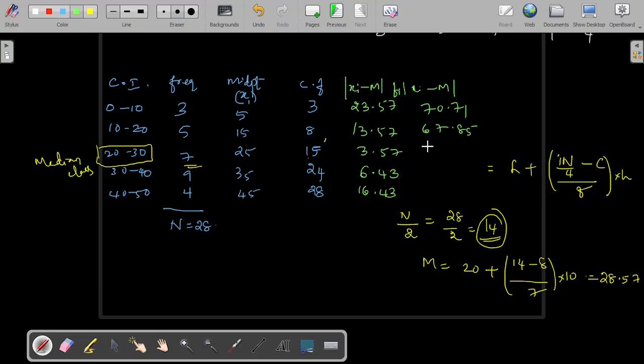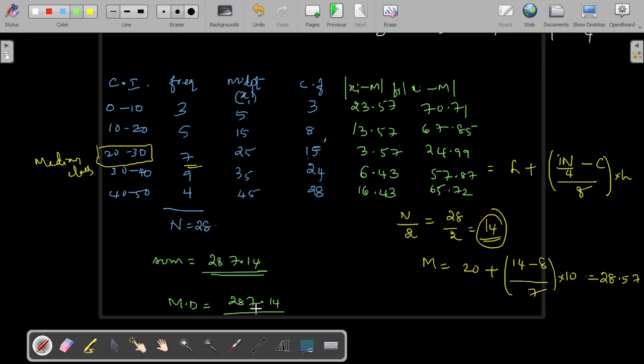So next continue like this. This gives you 24.99. Then this is 57.87. Then 65.72. So I need the sum of this column. I'll write here that sum equal to, you will get 287.14.